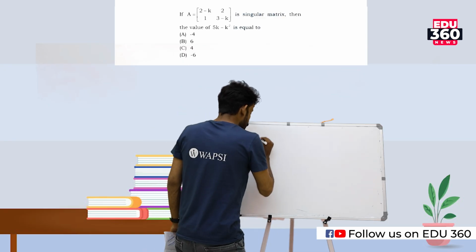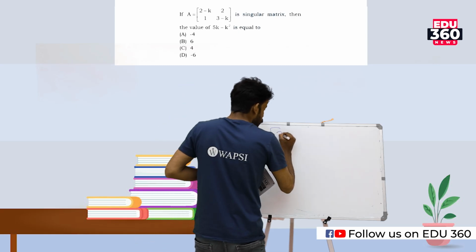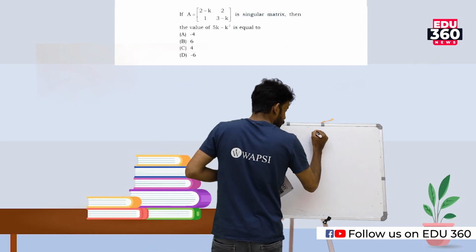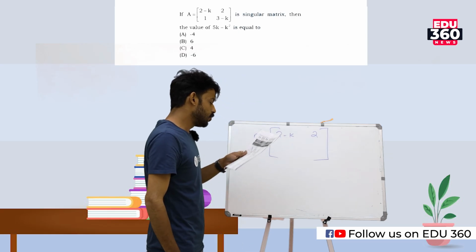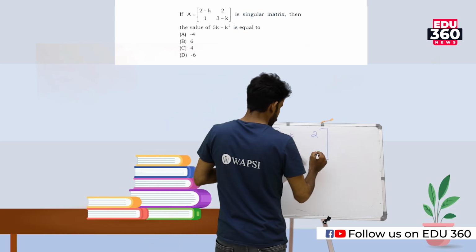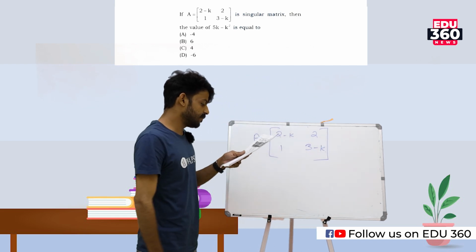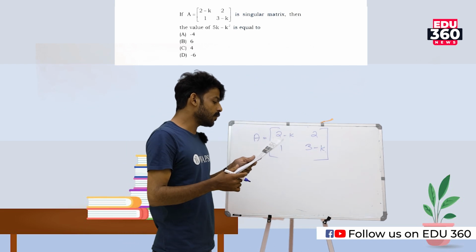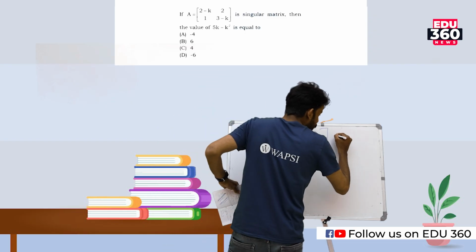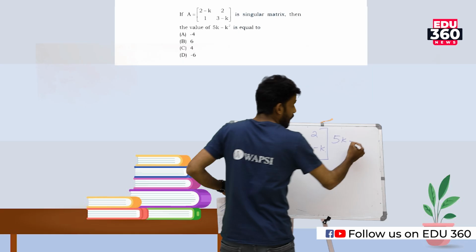So the singular matrix A is given as 2 minus k, 2, and 1, 3 minus k. We need to find the value of 5k minus k square.